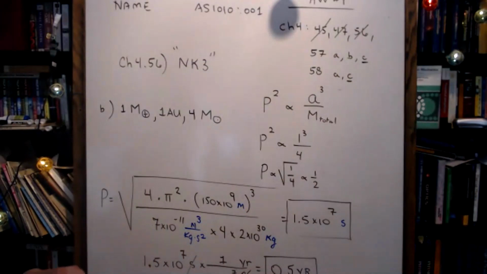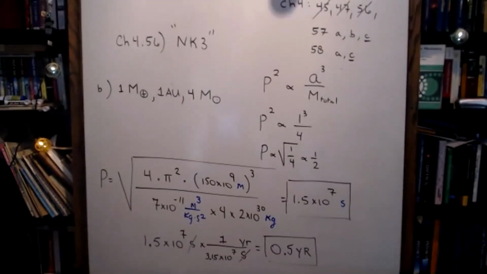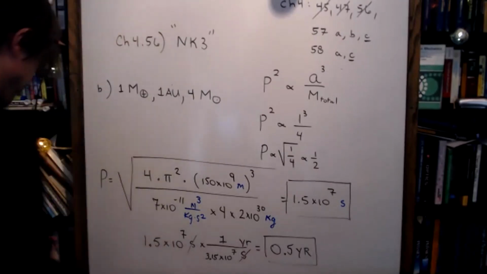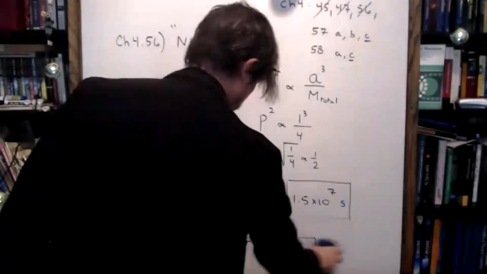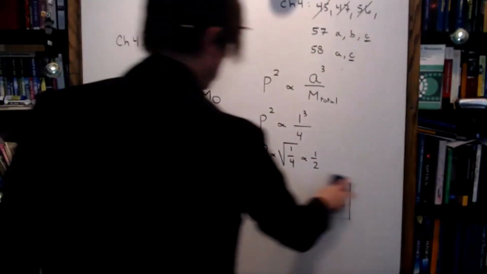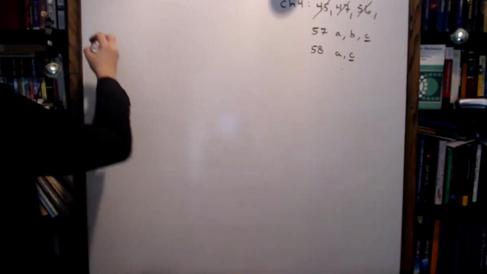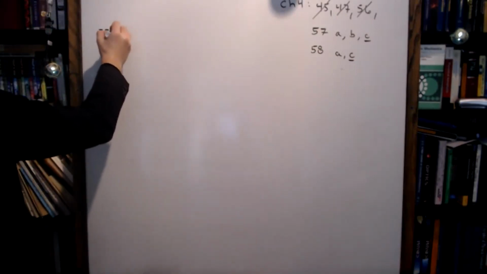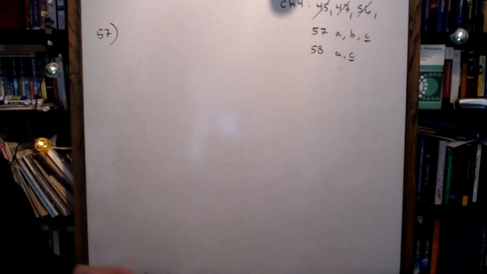Let's try 57 now. Andrew, can I erase? Yeah. All right. 57. Noah, can you read that?